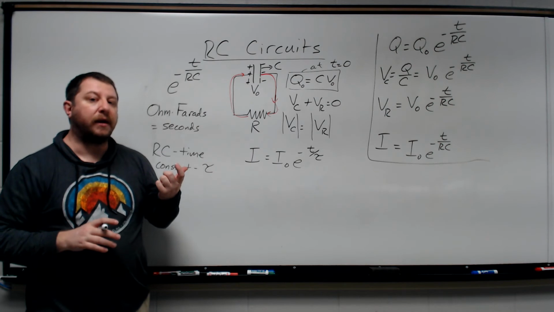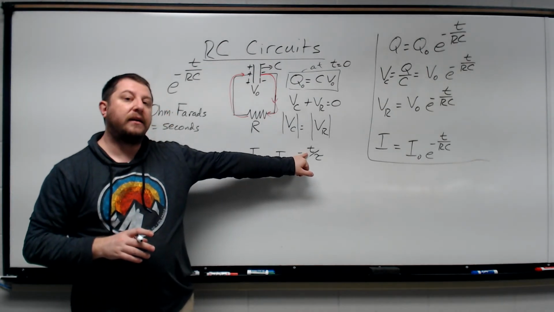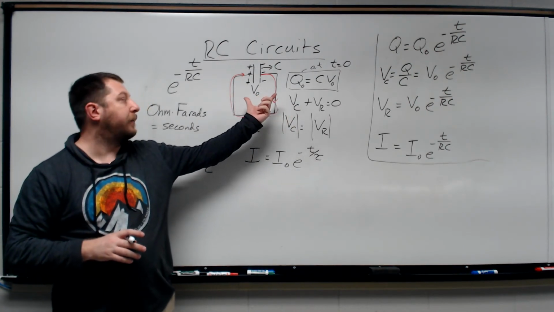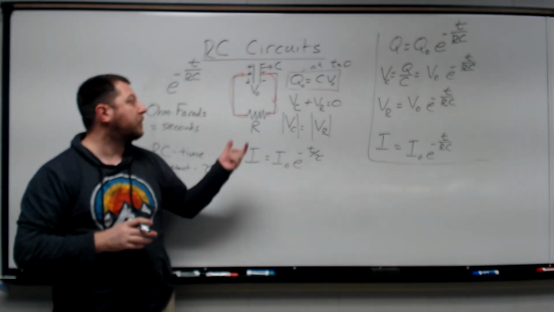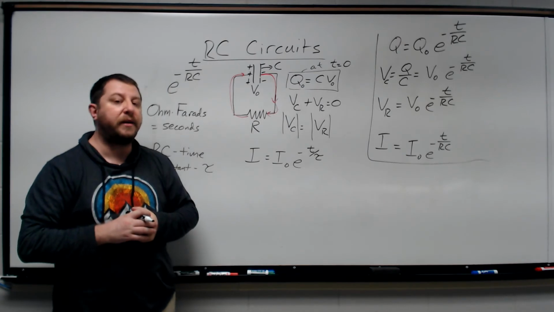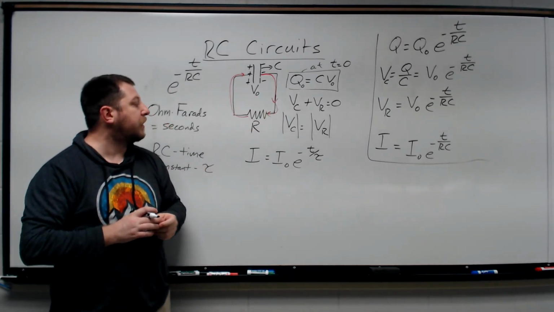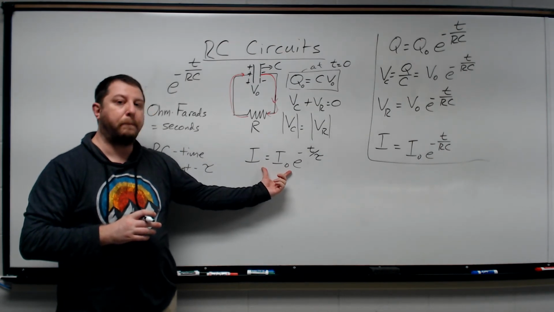The time constant, all right, if I let my experiment go, if I have meters in here, say measuring the voltage across the capacitor or the voltage across the resistor, or an ammeter measuring the current, I should find that the current would follow this form.